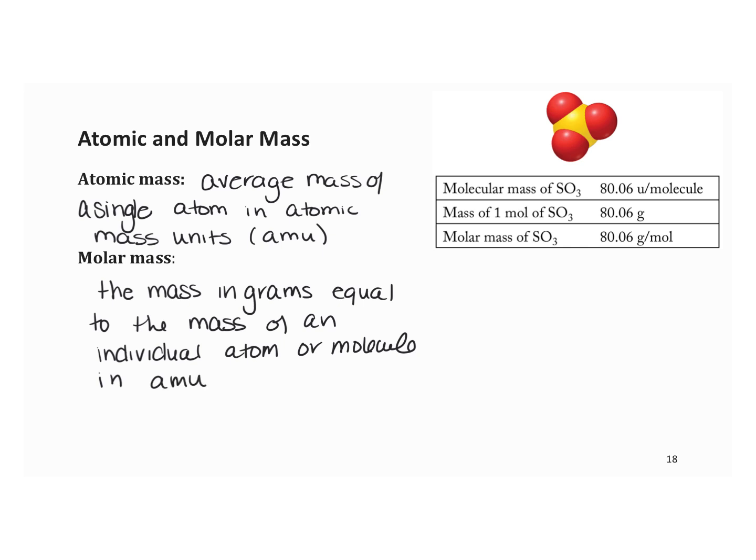So what that means is if you go and look at the periodic table and the number underneath the element symbol, which is a decimal, is the molar mass. So for example, if you have 1 atom of helium, right?